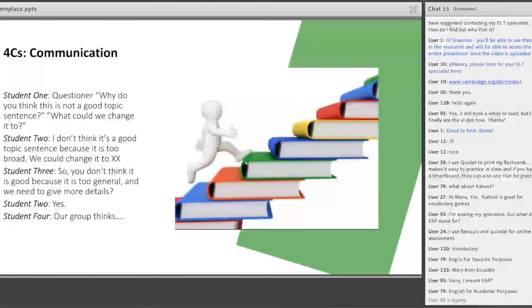As many of you probably know, if you tell the students, okay, discuss this, it's very unsuccessful in most EAP classes. It's very open-ended, and this is where students usually aren't as engaged or aren't on task.